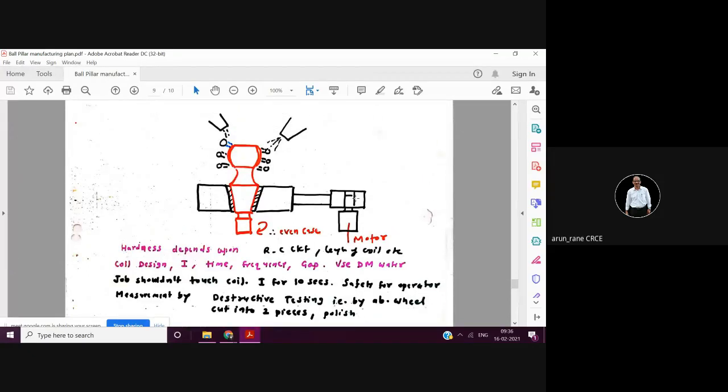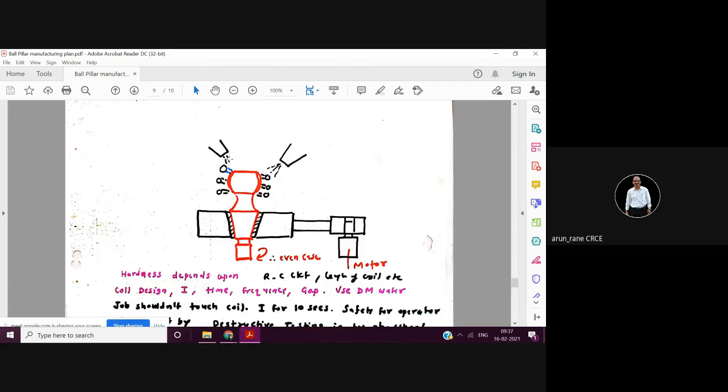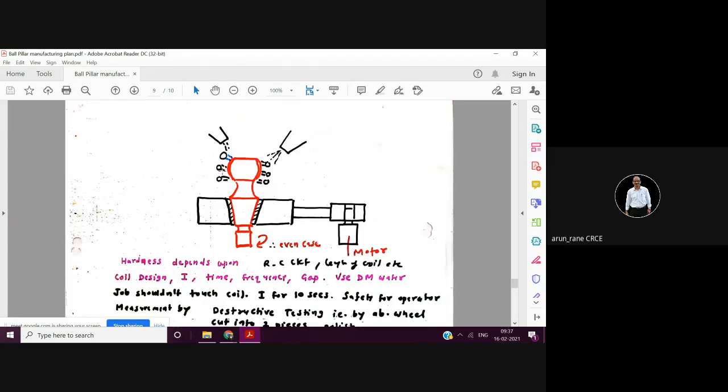In this particular component, the hardening is to be done only on this surface. Sorry, not on this taper. The hardening has to be done only on this ball, not here. So you have to design a coil accordingly.